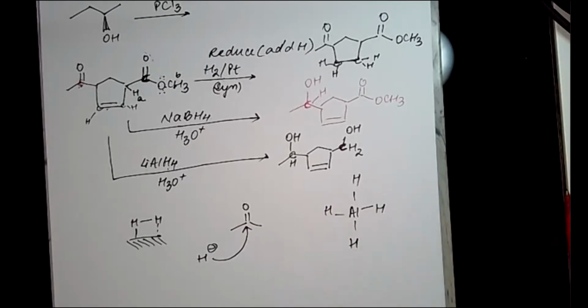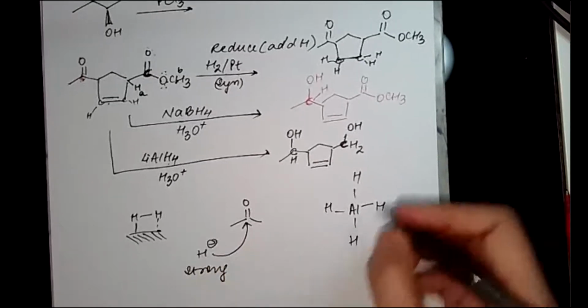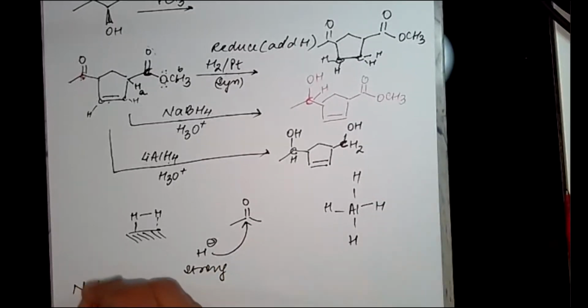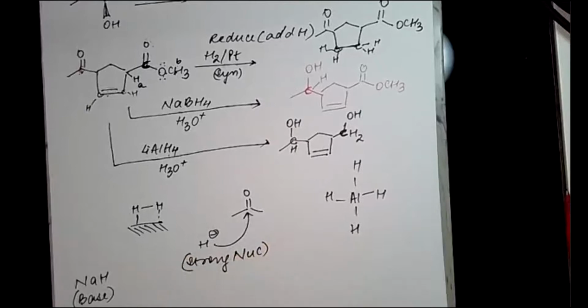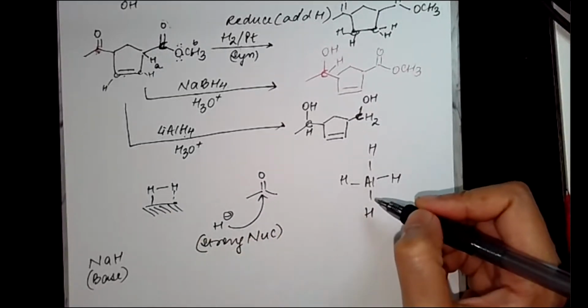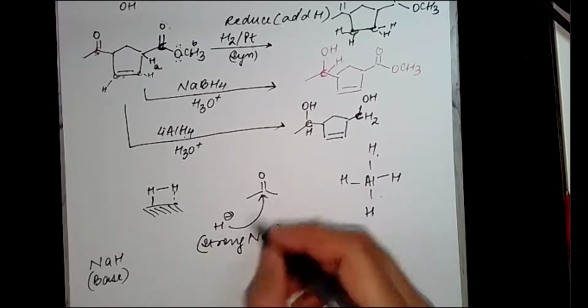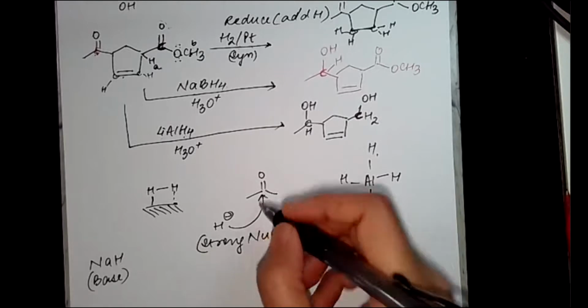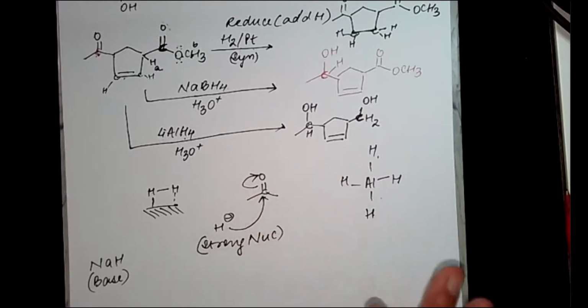Very, very strong base. Usually when you have sodium hydride, that is a base. But this is a strong nucleophile with lithium aluminum hydride. So there are 4 hydrides and all 4 of them can keep attacking this carbonyl until this carbon becomes saturated.